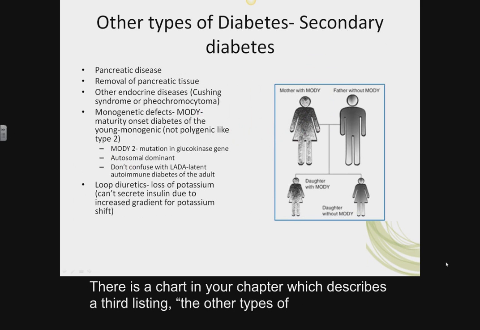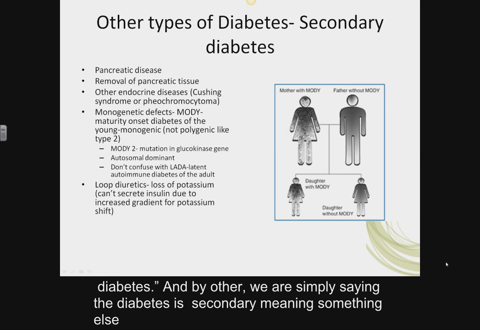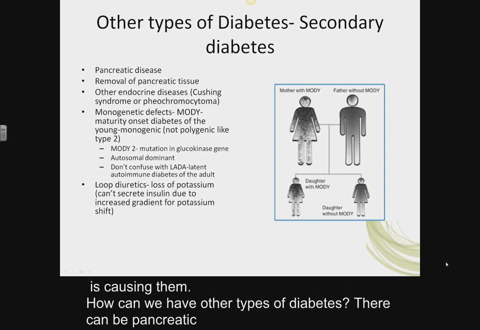There is a chart in your chapter which describes a third listing, the quote-unquote, the other types of diabetes. And by other, we are simply saying the diabetes is secondary, meaning something else is causing them. How can we have other types of diabetes? There can be pancreatic disease.